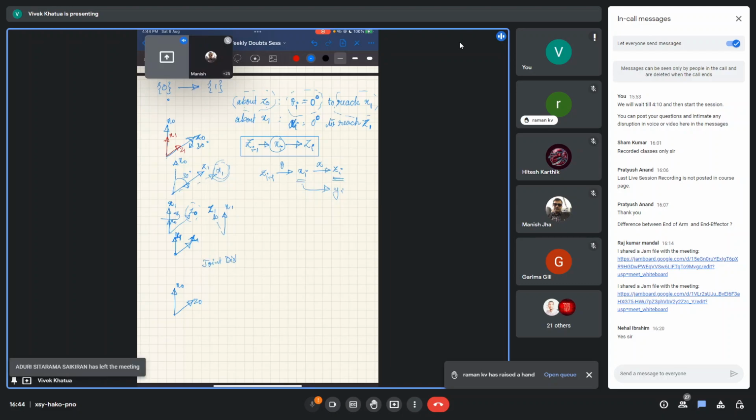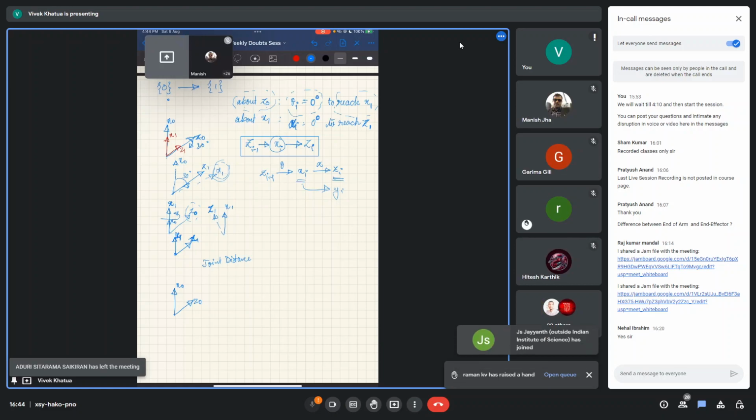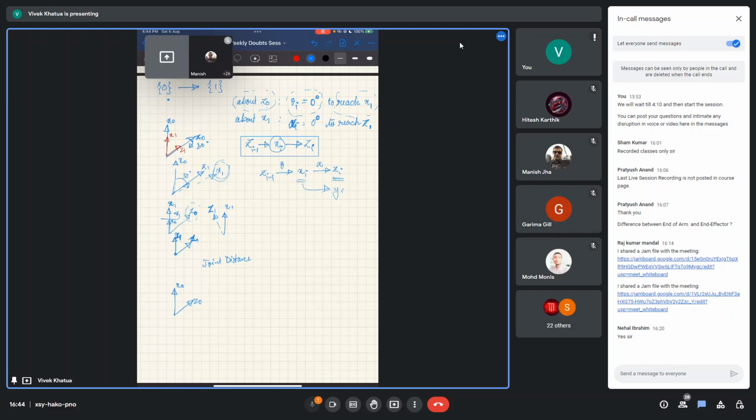But here you can see that these two z-axes are parallel. They are never going to meet. So I cannot travel from the z0 axis and reach the origin of the next frame, and hence my distance d1 would become 0, right?